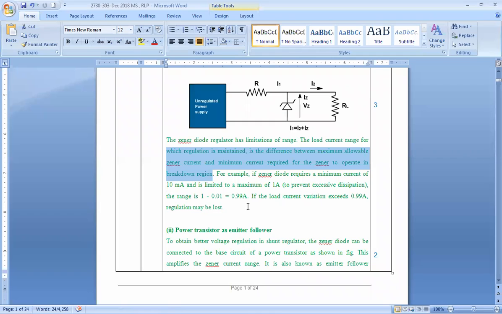Those have to be kept in mind, and only in that band of safe operating region are we going to utilize the services of the Zener diode. Any device for that matter, it can be diodes, it can be any electronic equipment. Whenever you buy an electronic equipment, there will be specifications there, right?